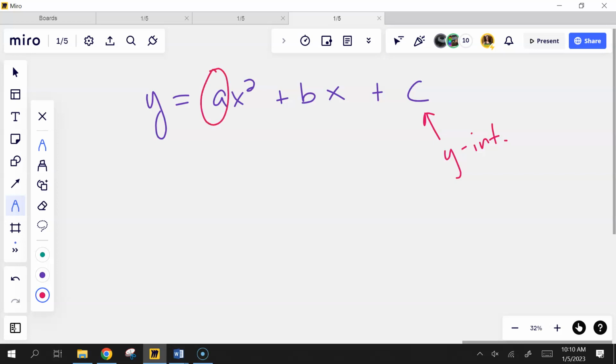First of all, A tells me whether my graph is going to open up or open down. If it opens up, A will be positive. So I'm going to be a parabola opening up. But if A is negative, what do you think happens to the graph? It goes down.